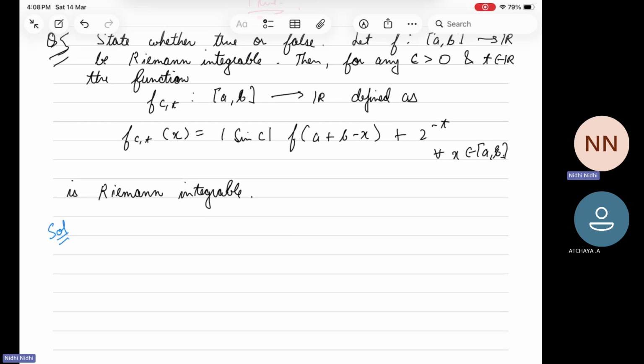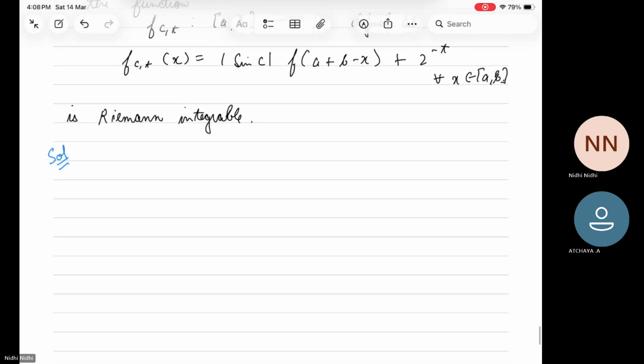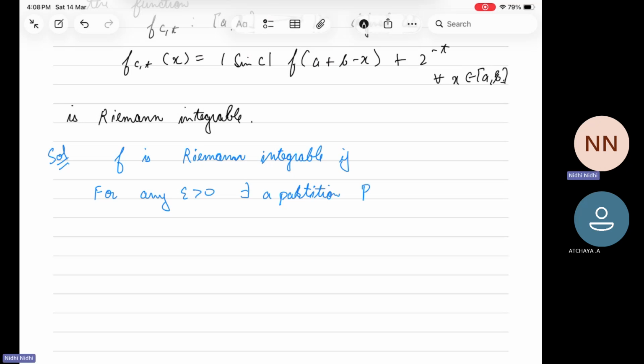Accordingly, we can say that f is Riemann integrable if for any epsilon positive there exists a partition P_epsilon, which depends on epsilon, such that U(f,P_epsilon) minus L(f,P_epsilon) is less than epsilon.